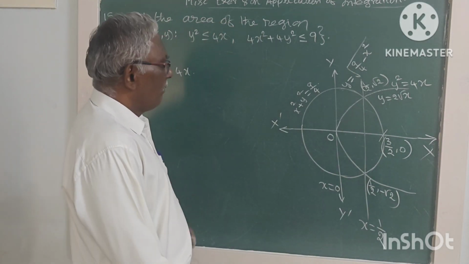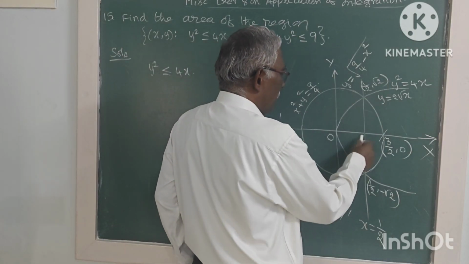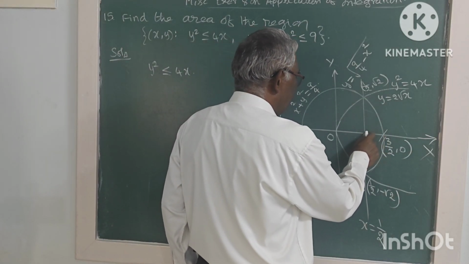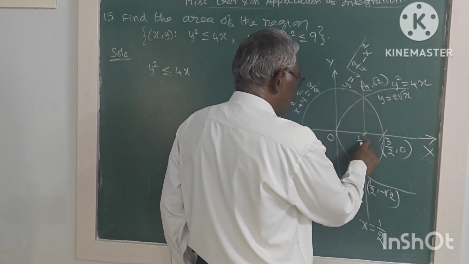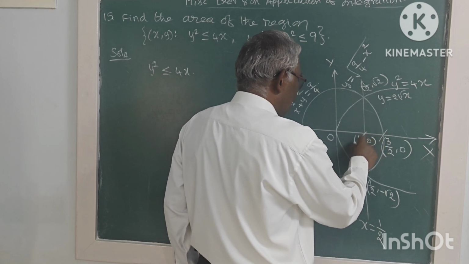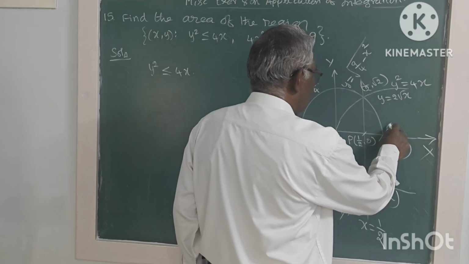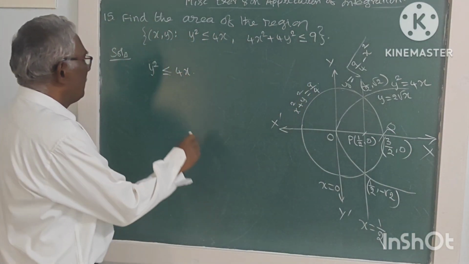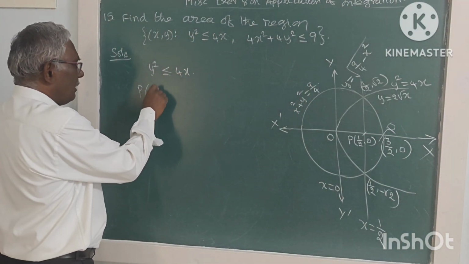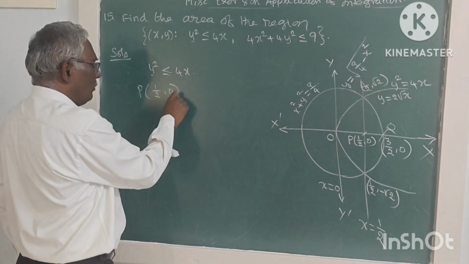Now we will take a point inside the parabola. So this point P is (1/2, 0).